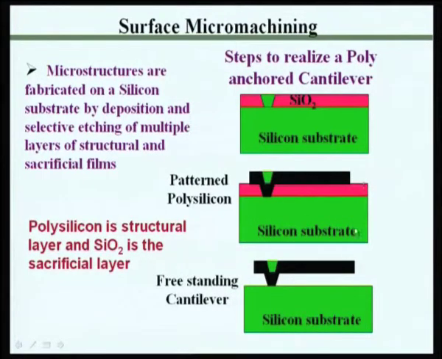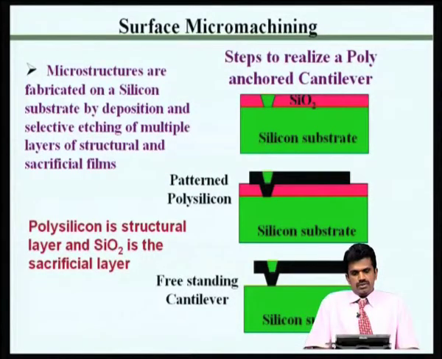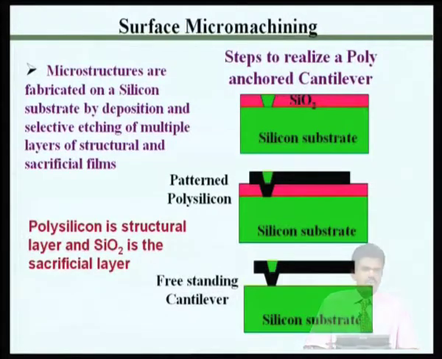The dummy layer that was removed is known as the sacrificial layer because it is removed afterwards. So, in the final device you do not see that sacrificial layer, what you see is a freestanding cantilever. So, as you could see, we only need to deposit and pattern and deposit and pattern to form a freestanding cantilever structure.